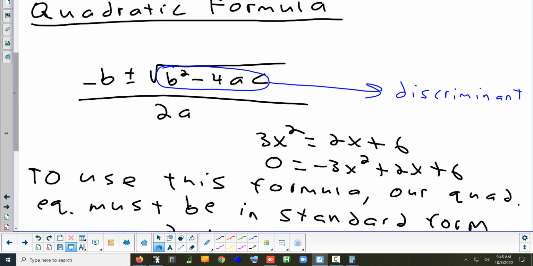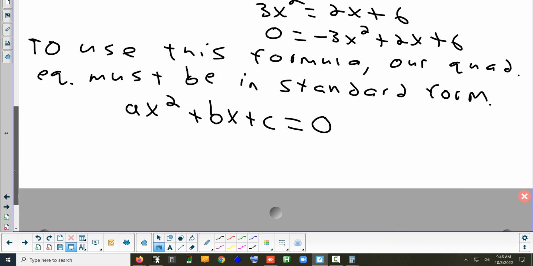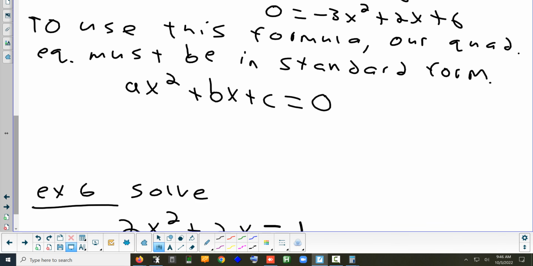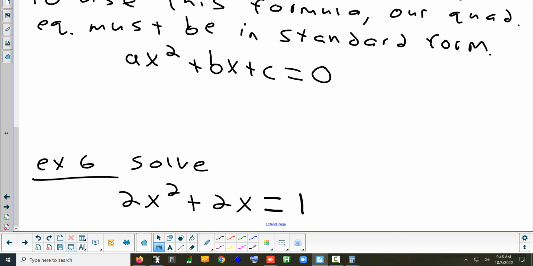Everybody have the formula first? Okay. All right, so there's our problem. 2x squared plus 2x equals 1. Jalen, first, is that written in standard form? No. What could we do?